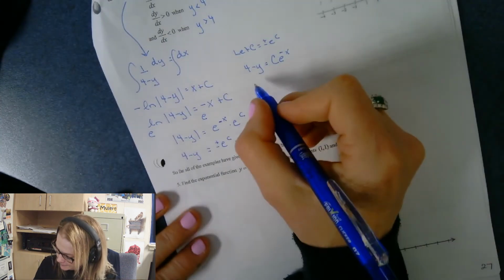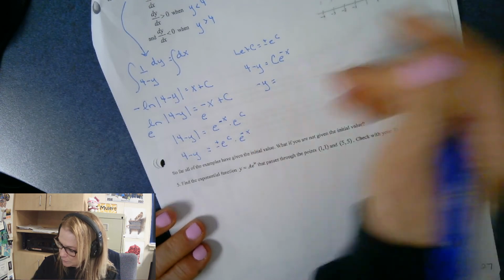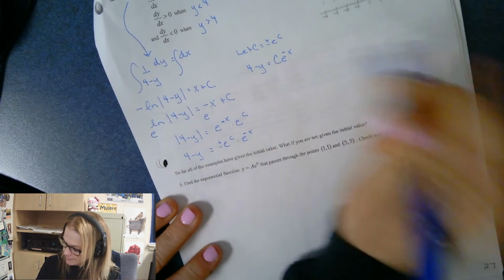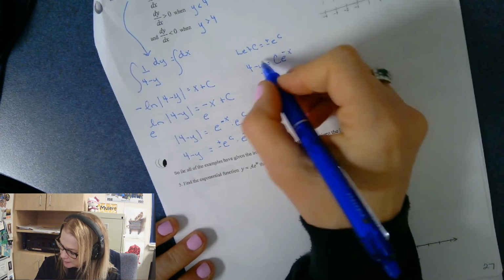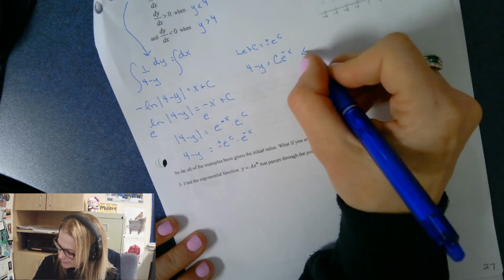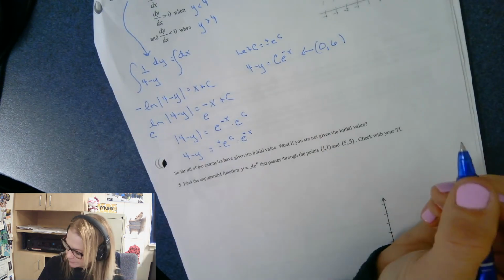All right, and then so this is going to be minus y equals... right here is where I would stop, once we get the big C in here, not this c, but the big C in here. This is where I would put in the (0, 6). I think that is the best place to put it in right here.